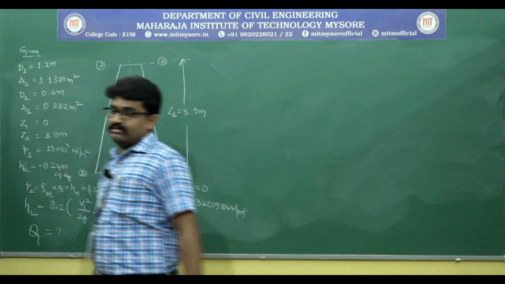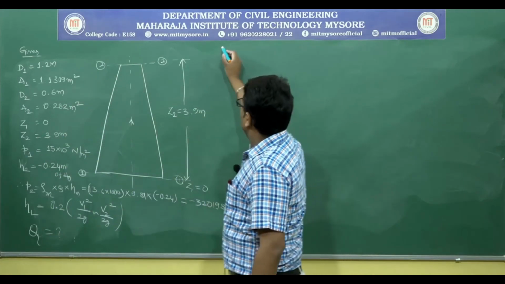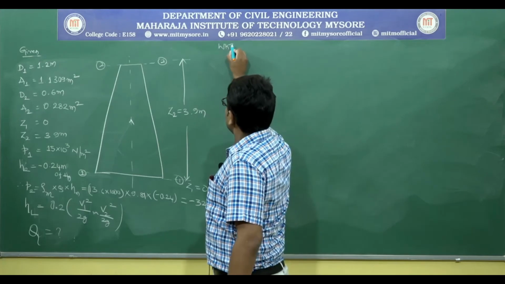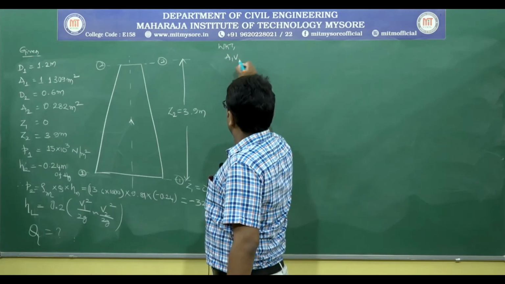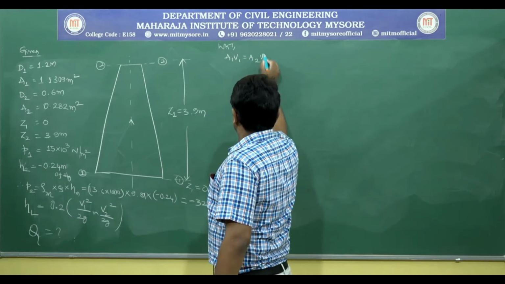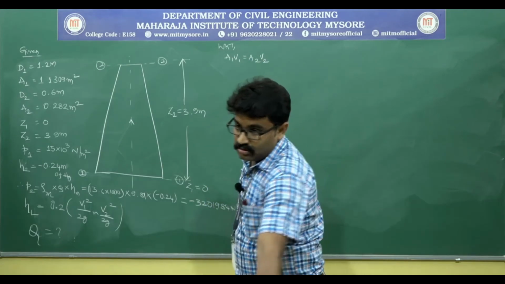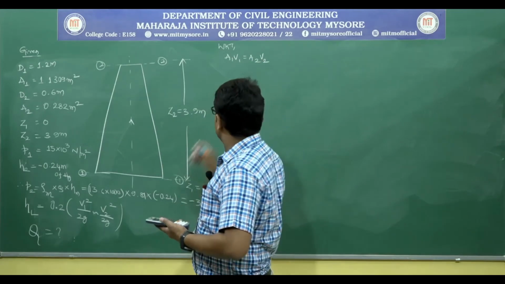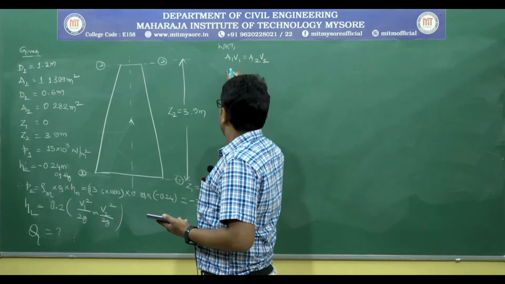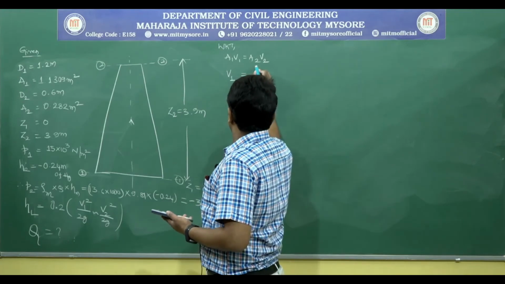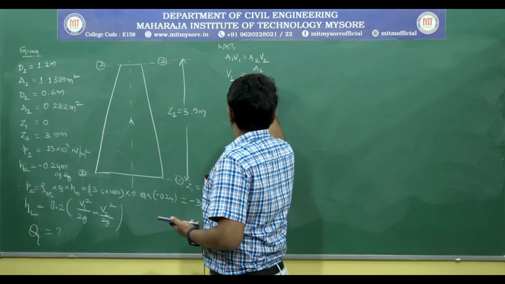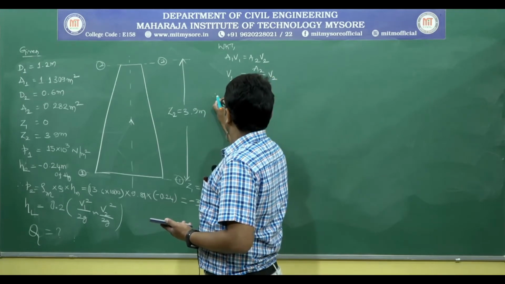So, now we know that A1 V1 is equal to A2 V2. So, you will keep V1 is equal to A2 by A1 into V2.